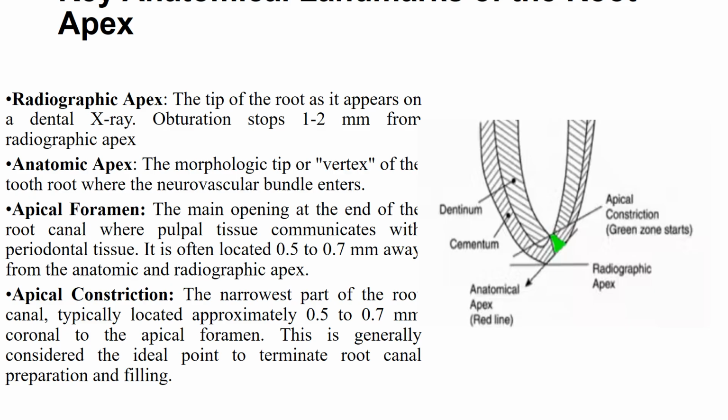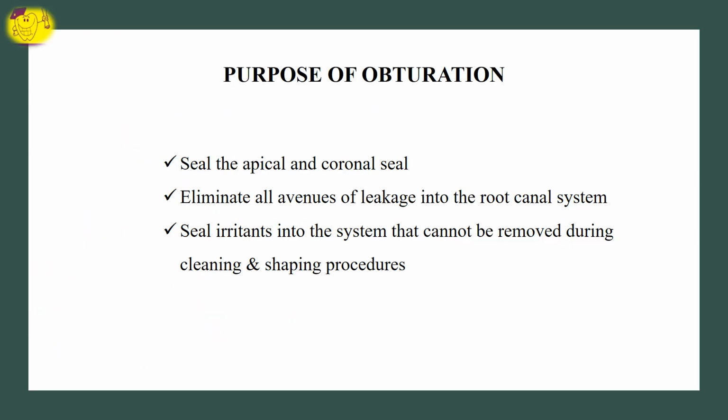Apical constriction is the narrowest part of the root canal, and it's usually located again 0.5 to 0.7 mm coronal to the apical foramen. This is generally considered the ideal point where you can terminate the root canal preparation and the filing, and this coincides with the radiographic apex.